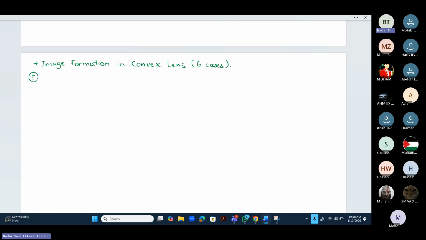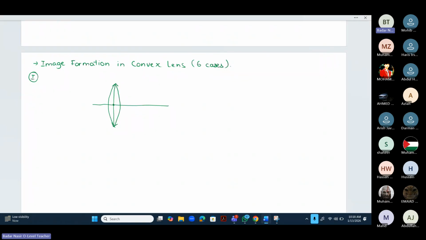So let's say we have this convex lens. First we draw a lens, and the first thing you do is mark the axis and everything.